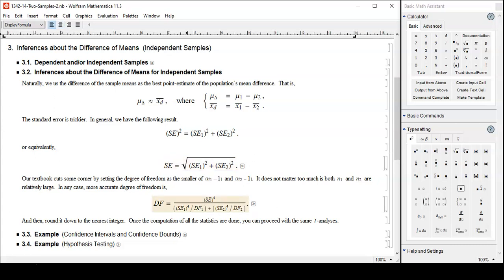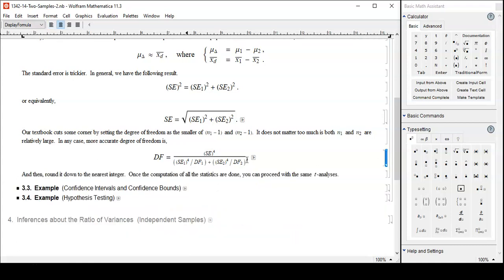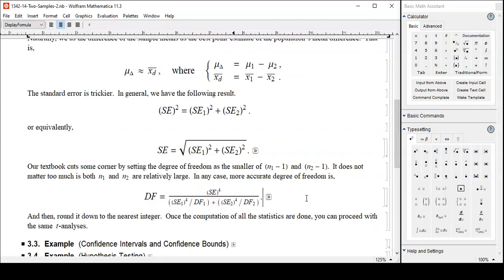For one-sample inference, the degree of freedom was no big deal. All we had was just n-1. But for two-sample inference, now we're getting into a two-dimensional case, at least partially. Things are more complicated. As you can see, we have this complicated formula which develops into something this complicated, oh my goodness. But it turns out you don't really have to worry about something this complicated. This is sufficient. Let me expand the font so that you can read better. Look at the numerator.